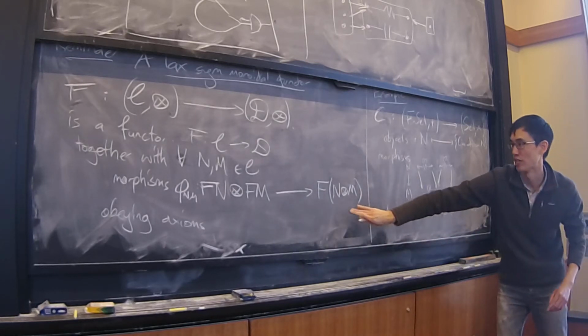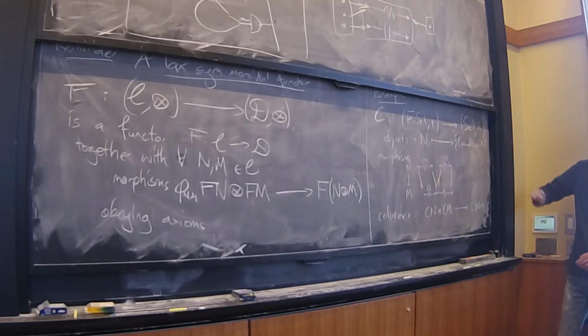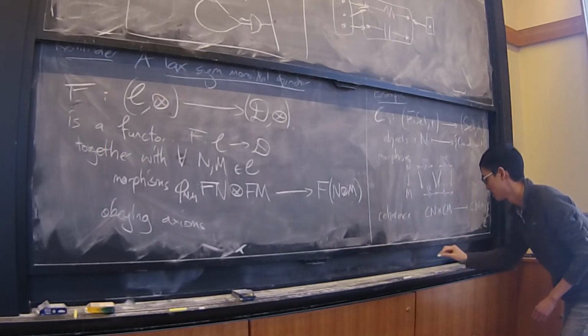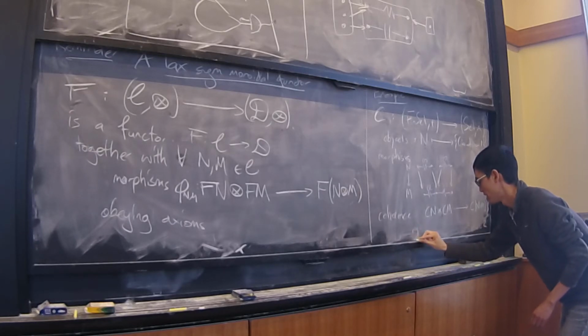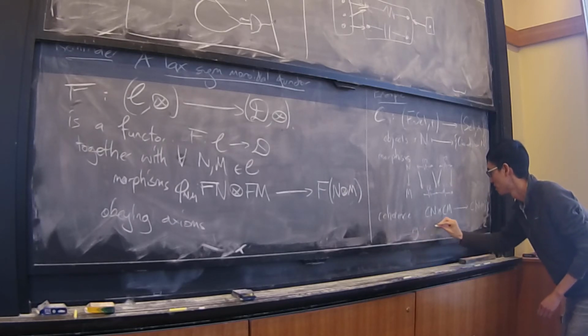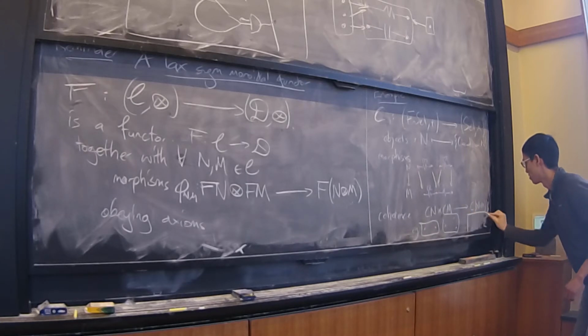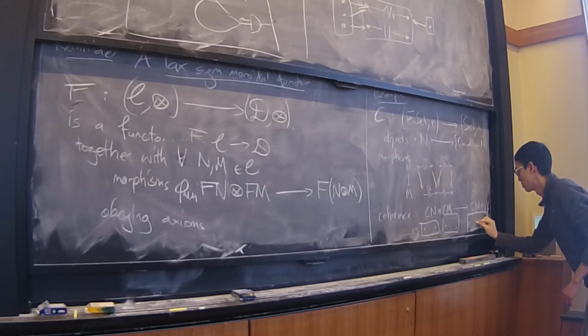That's exactly this equation here, reinterpreted in this setting. So here's my example: how do we take a circuit on 2 elements and another circuit, we have a circuit on here and a circuit on here, and turn it into a circuit on the disjoint union of these two sets?